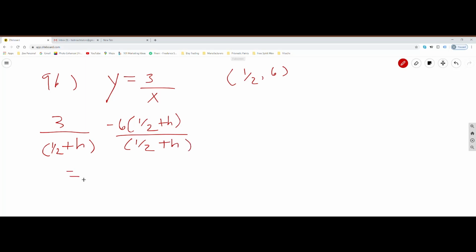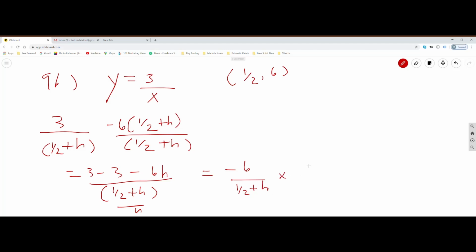So you have 3 minus 6 times 1/2 plus h over 1/2 plus h, over h. You're left with negative 6h over 1/2 plus h, multiplied by 1 over h. So the h's cancel.